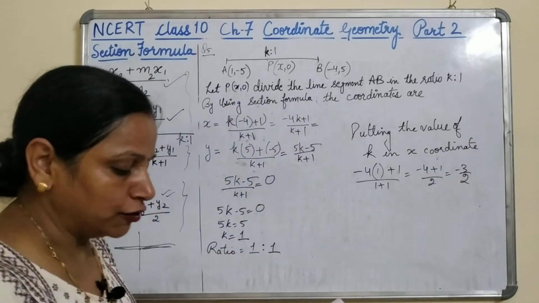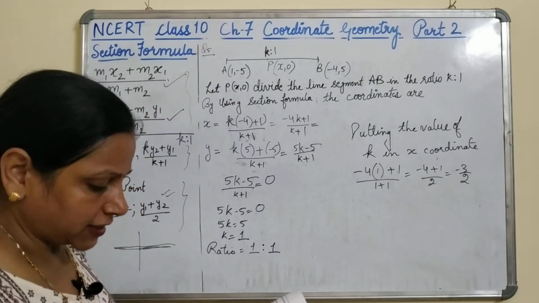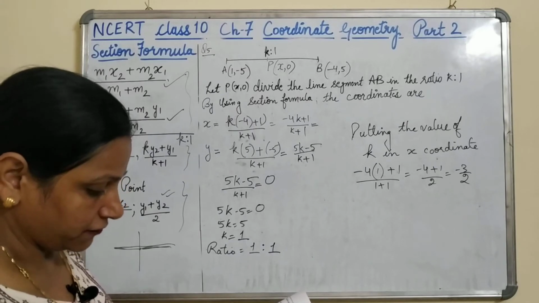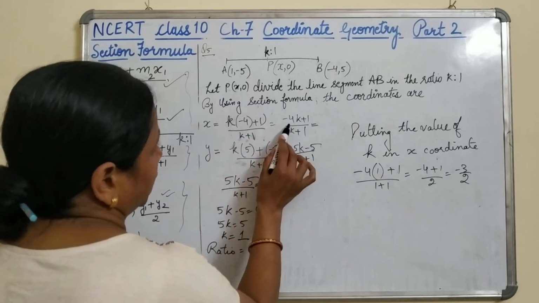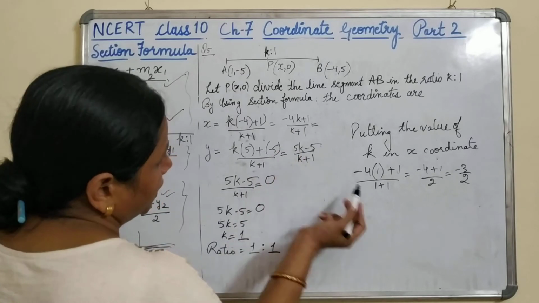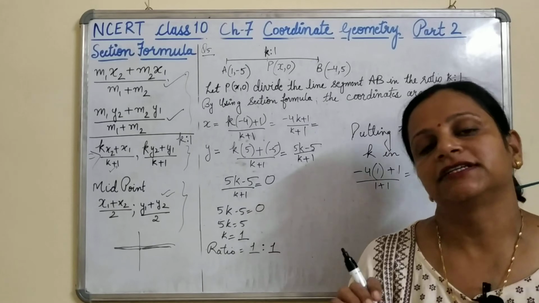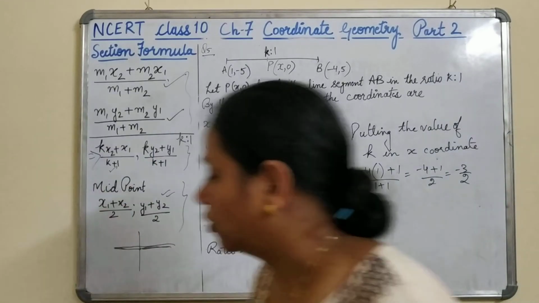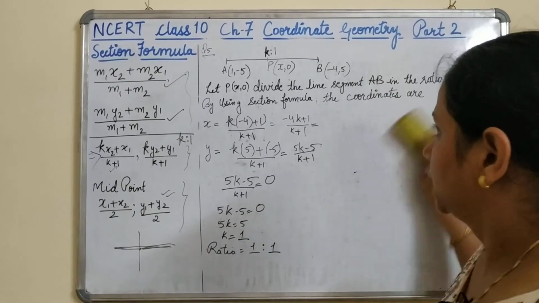So this will be the value of your x, right? The value of x comes out as minus 3 by 2. Please check once again if it is okay, or you can do the calculations yourself. In place of k we are putting 1, so minus 4 plus 1 upon k plus 1, that is 2. I hope it is correct. So this is how we can find the value of k as well as the value of x, right? Then we move on to the other question, question number 6.